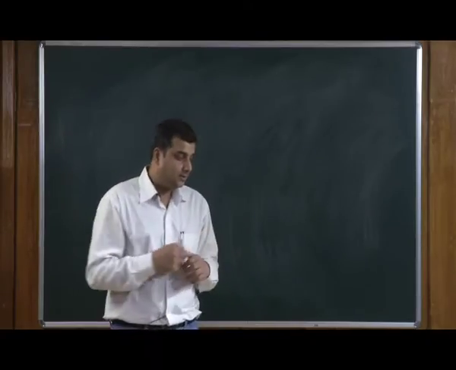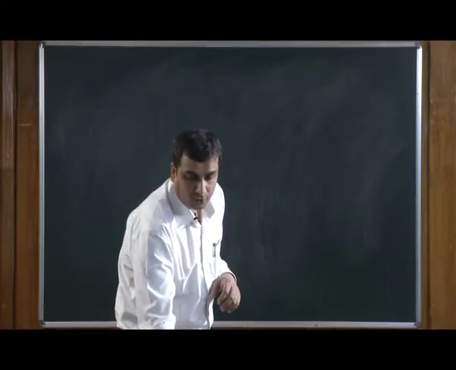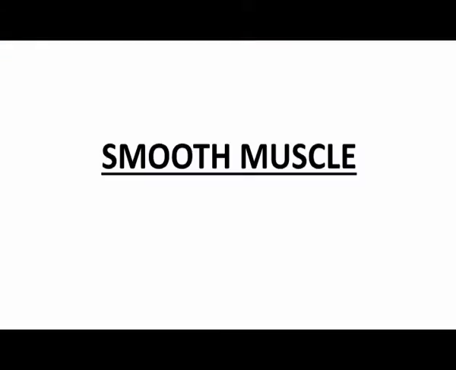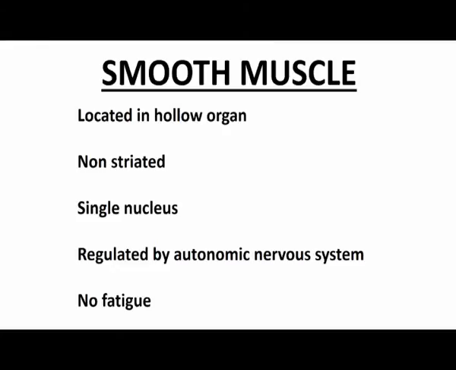And so, let us go and see the slide one more time, where we have this smooth muscle. Now, these are some of the very hallmark features of smooth muscle. So, we will go one by one.